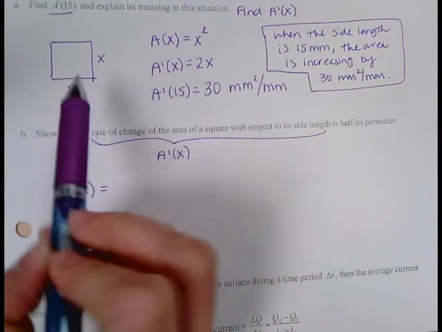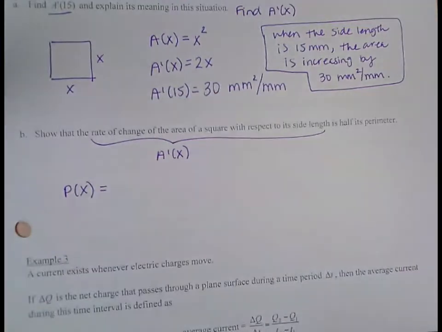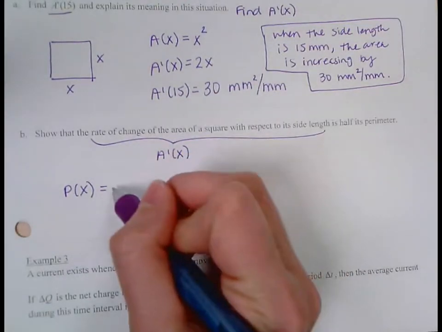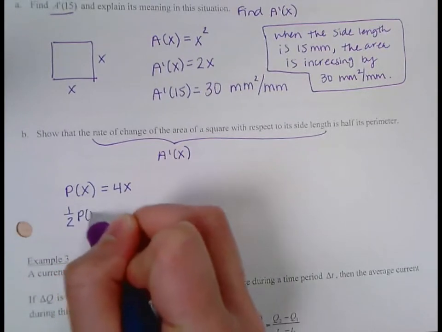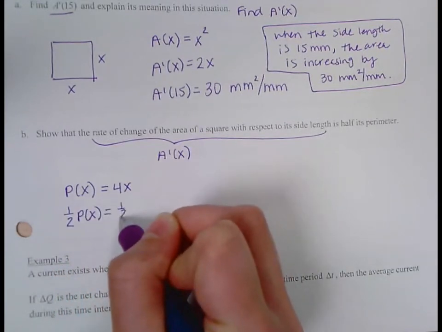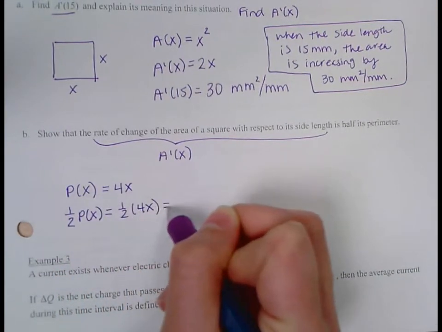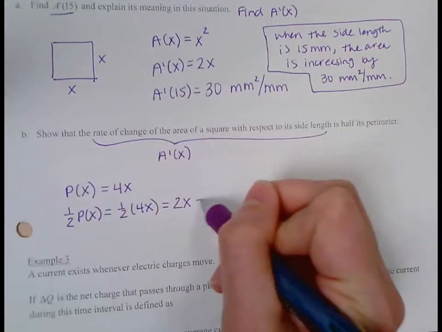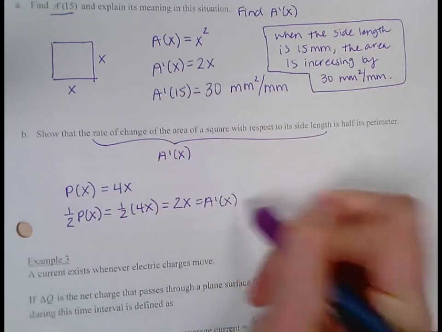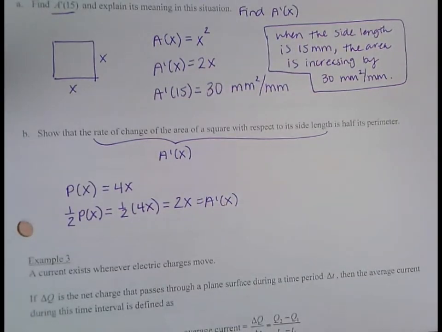So if this is our square, what's the perimeter? 4x. If you take half of your perimeter, that's half of 4x, which is 2x, which is A prime of x. And done. So that's all that's asking.